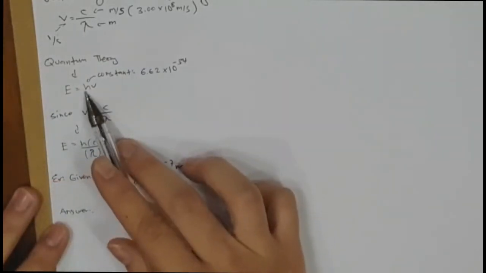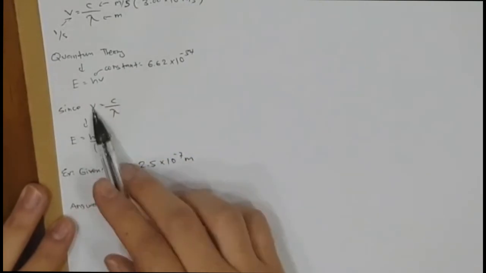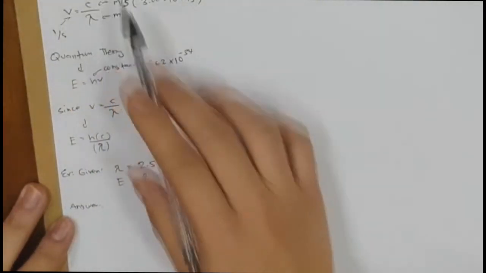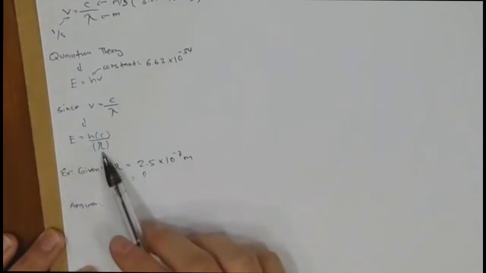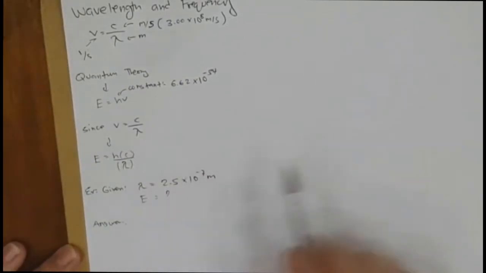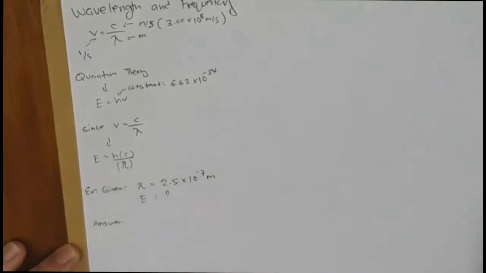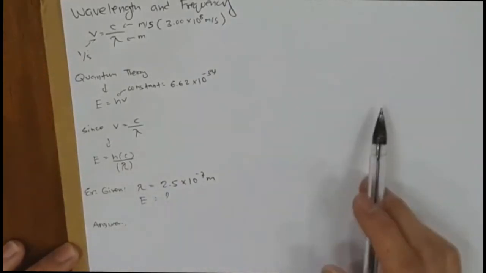However, here our constant for our quantum theory is 6.62 times 10 to the negative 34. And since V here, as we can see in the frequency formula, will be substituted here in the quantum theory, now we have another formula which includes the Planck's constant and speed of light, including wavelength.